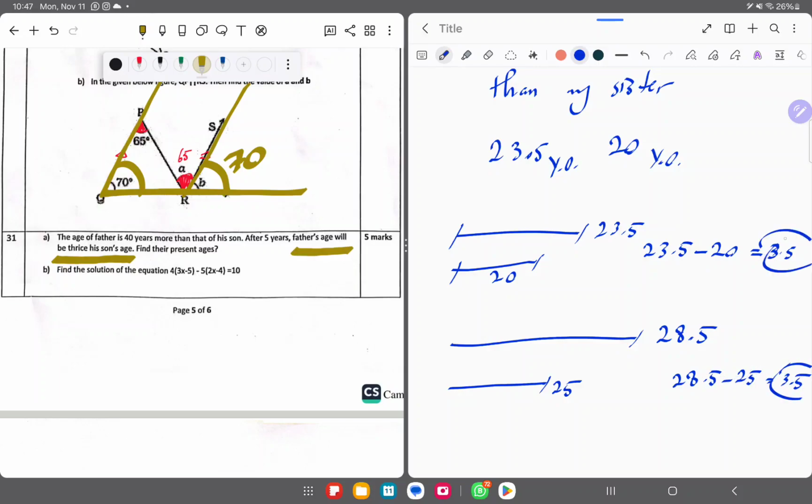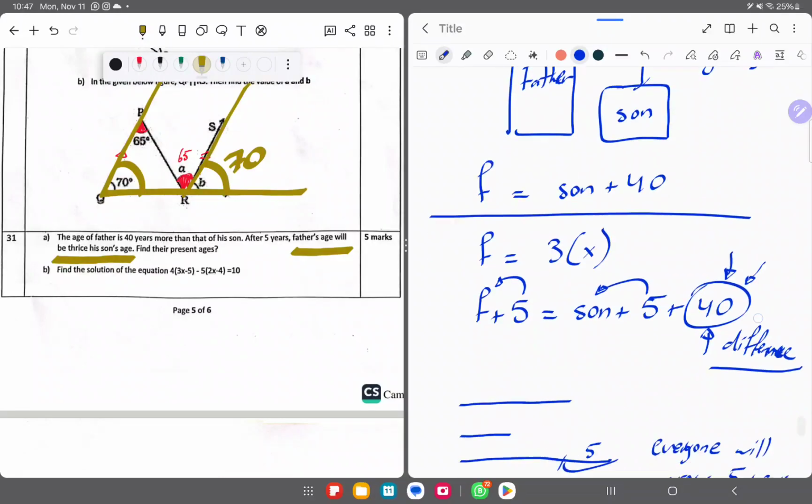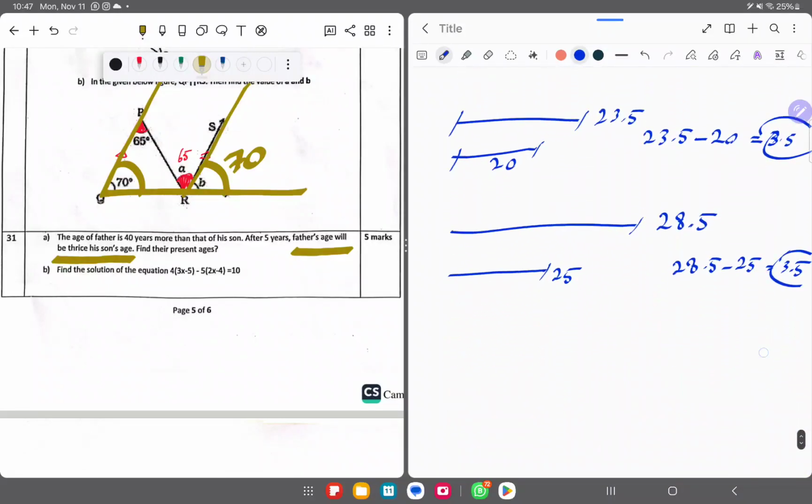So please don't make a common mistake of writing 45 here in addition to the 5 that you did here. No, the 5 here is for the son, 5 here is for the father. The 40 is still the same. This is the difference. It's never going to change. Same as the 3.5 with me and my sister.